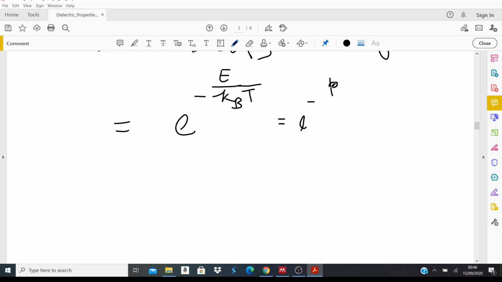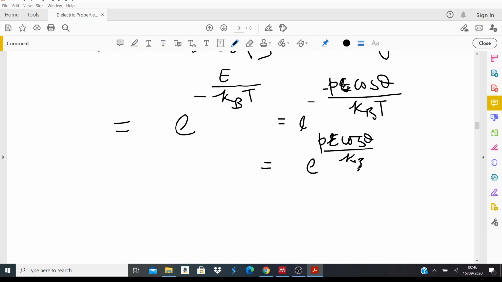That's minus P dot E, which is minus P E cos theta, so we have minus minus P dot E divided by kBT. This minus and this minus becomes a plus. So we have the Boltzmann factor: e to the power P times the electric field cos theta divided by kBT. And you can see in this factor we have the temperature.